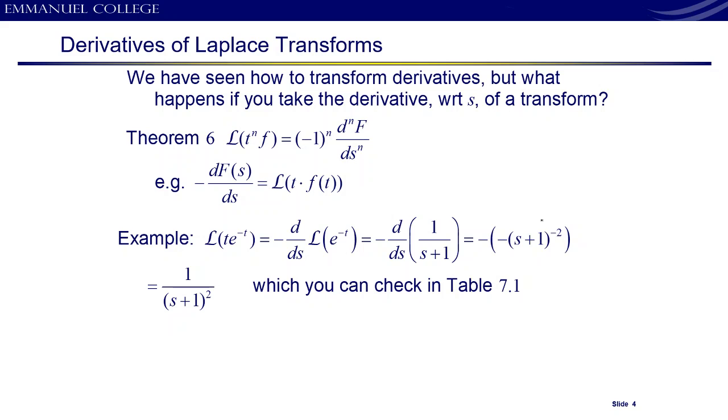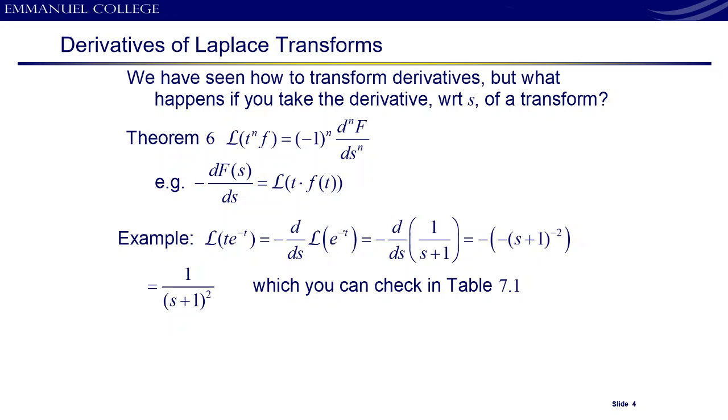Like t e to the negative t. This is t to the 1, so this is negative 1 to the 1, so the negative gets shoved out front, times the derivative of the Laplace transform of e to the negative t.